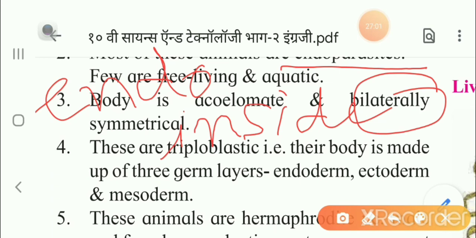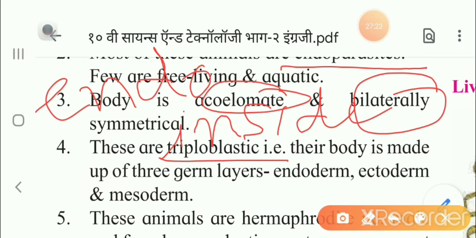And acoelomate I also told, that when an invertebrate lacks a coelom, for example flatworm. So you have to see that these are acoelomate and bilaterally symmetrical. These are triploblastic. Triploblastic means their body is made up of 3 layers.